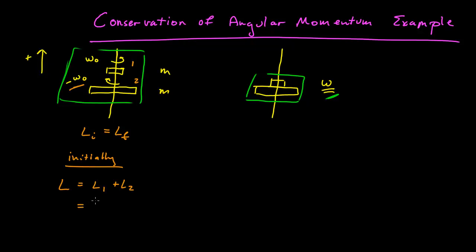And in our vector form, we found that the angular momentum of 1 would be the moment of inertia of 1 times omega naught, and then the moment of inertia of 2 times negative omega naught, for the different orientation.